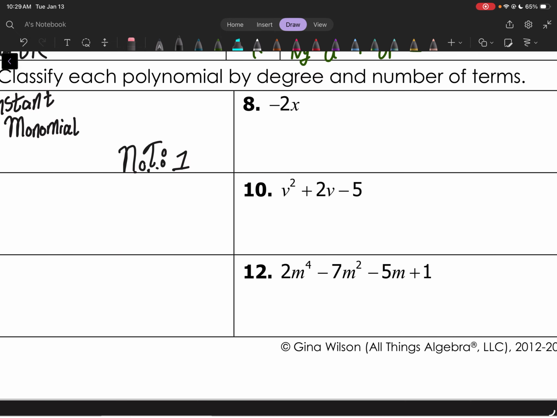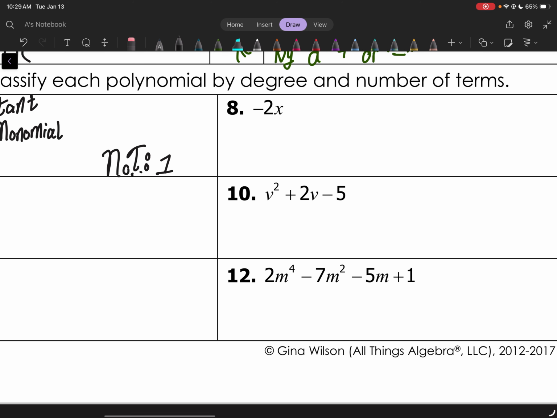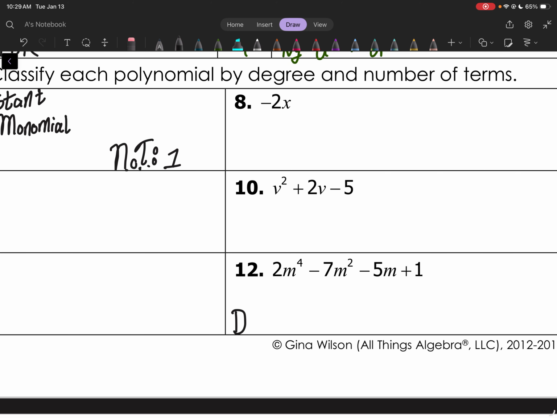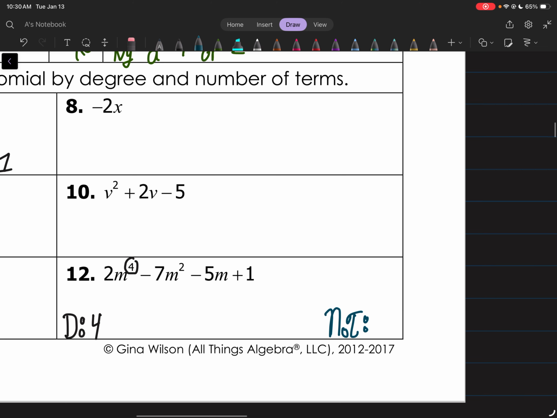All right, let's do number 12. For number 12, my degree, and I'm just going to put a D for degree because I'm lazy and don't want to write it out. My degree is the highest exponent of 4. My number of terms is 1, 2, 3, 4.